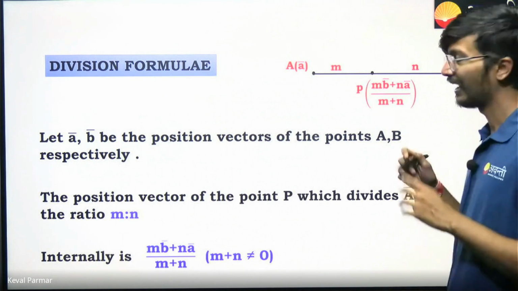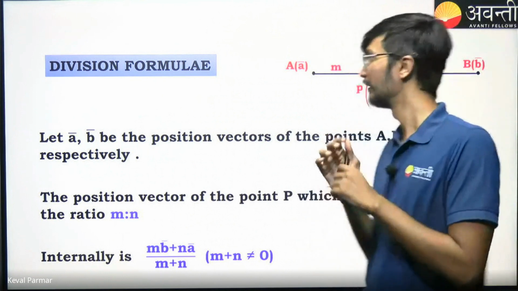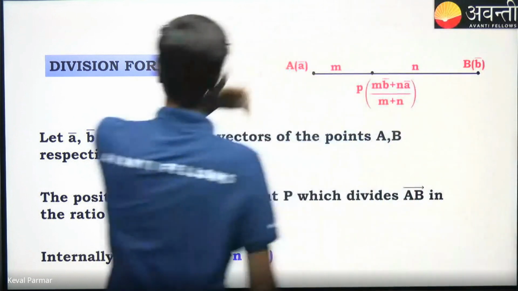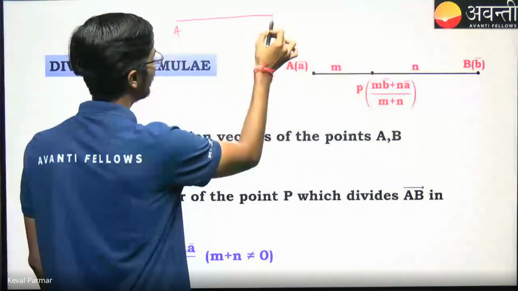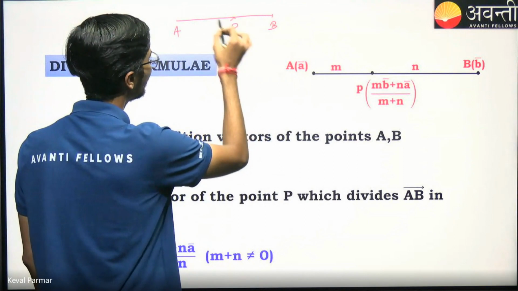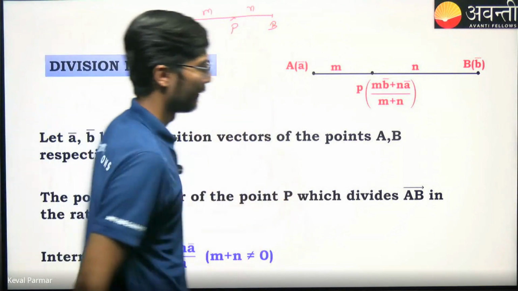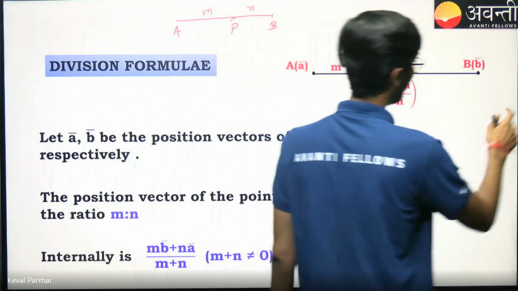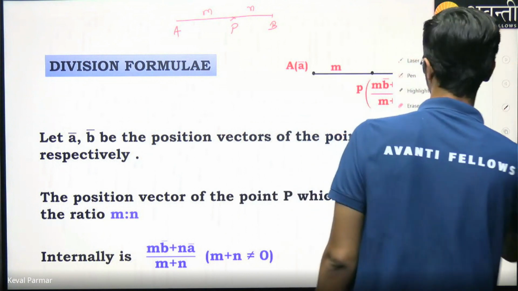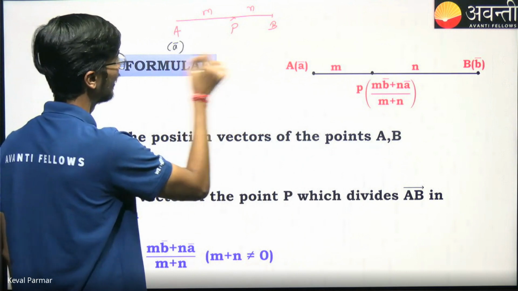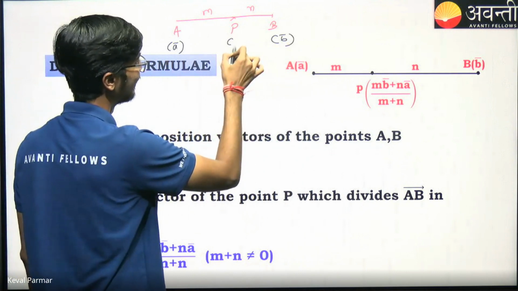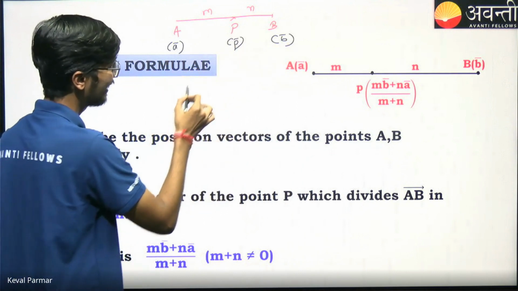Basically, how I tend to remember it is, let's say this is the line AB, and here is the point P, and the ratio is m is to n. Corresponding to each point, we'll have a position vector. Let's say the position vector of A is a bar, this is b bar, and this is p bar. So how can I write p bar?